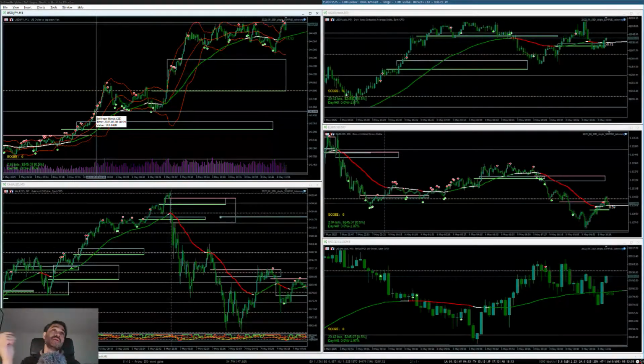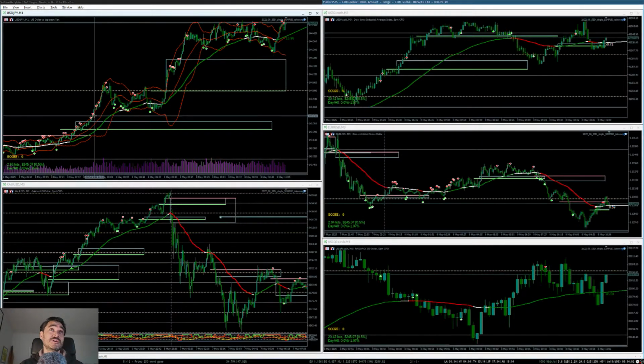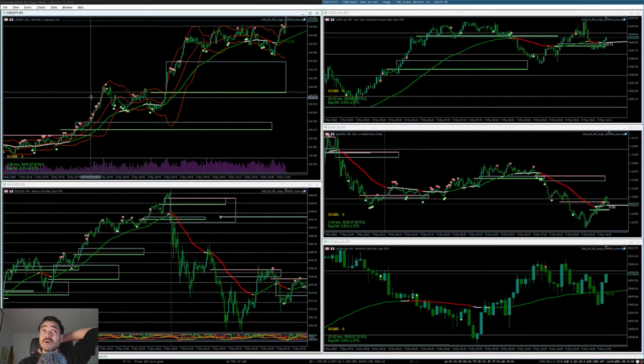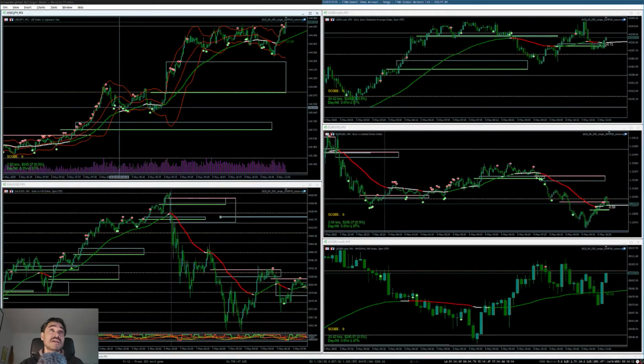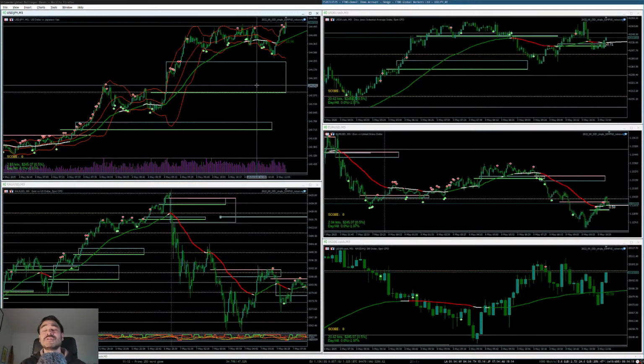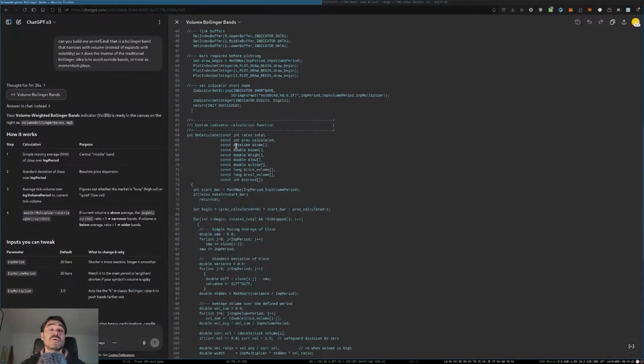So I'm figuring if I put the volume in as a filter, if I weight the bands inversely with the volume, this should stay narrow and it should pop out easier. But when there's low volume, it should cover these areas. And then I can safely say inside the bands, we can mean revert, and outside we can take momentum trends. Just a little theory. I'm sure it's going to be a wash.